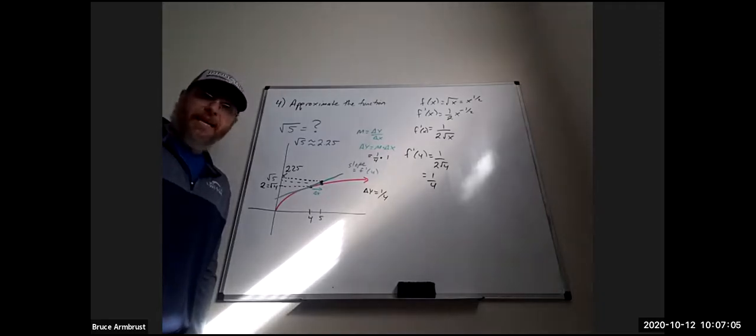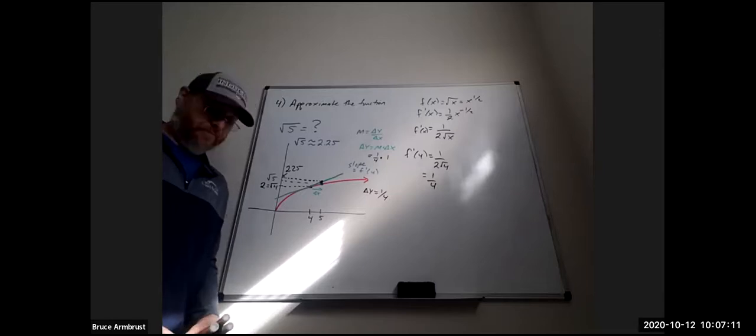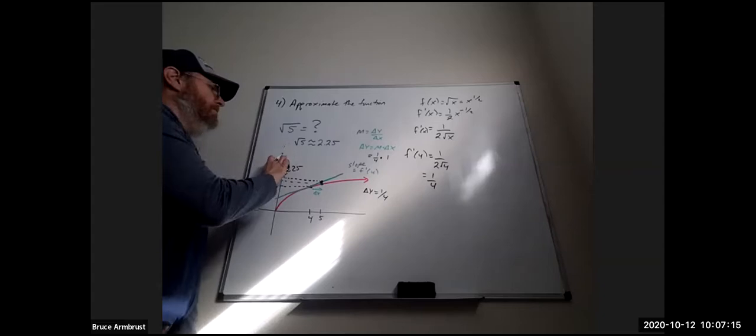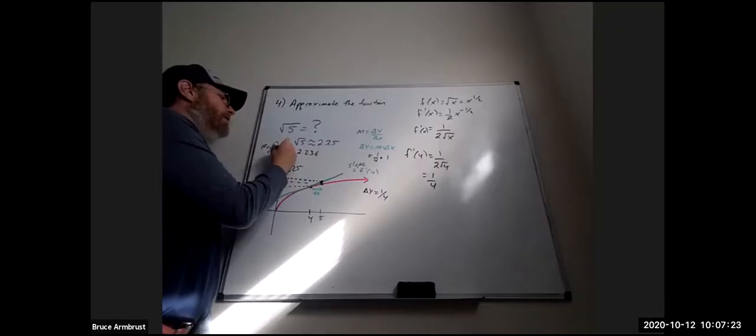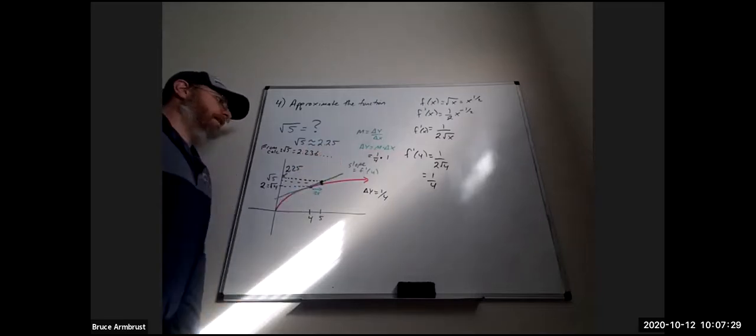Okay, so if anybody's got a calculator handy, tell me what your calculator says the square root of 5 is. It's 2.236, and some more numbers after that. Okay, cool. So from the calculator, it's 2.236.